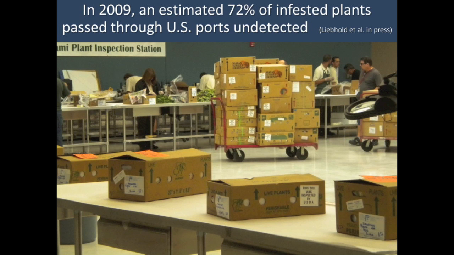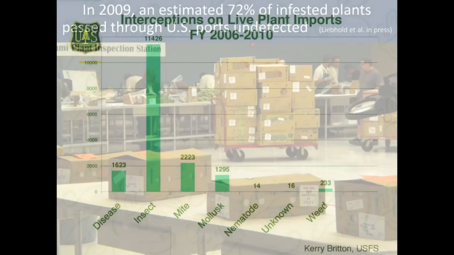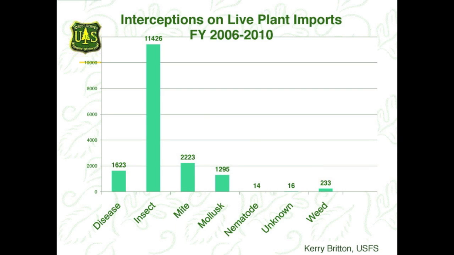And this data shows the interceptions on plant imports from 2006 to 2010. It shows the number of plant diseases, 1,623, 11,426 insects, over 2,000 interceptions of mites, mollusks, and a few others, also some weeds.